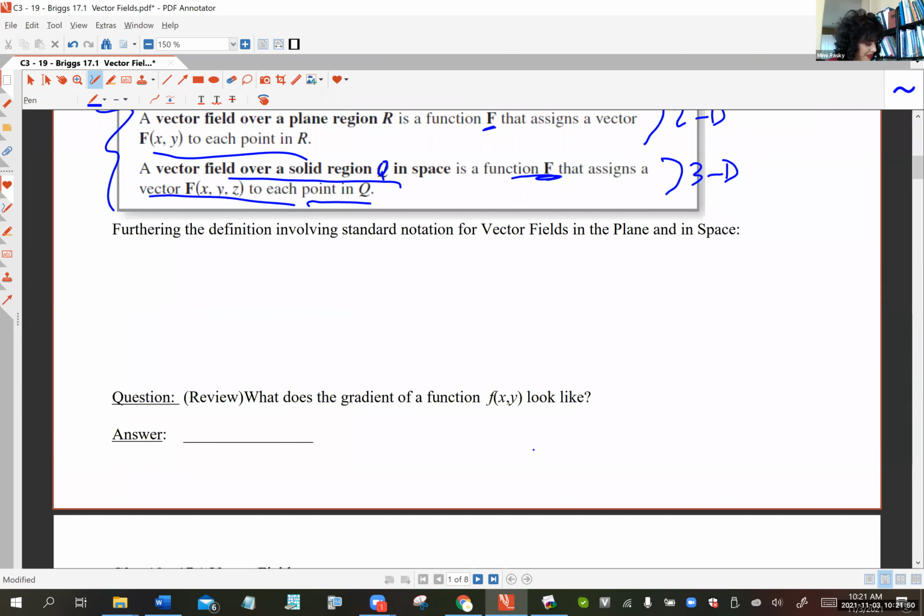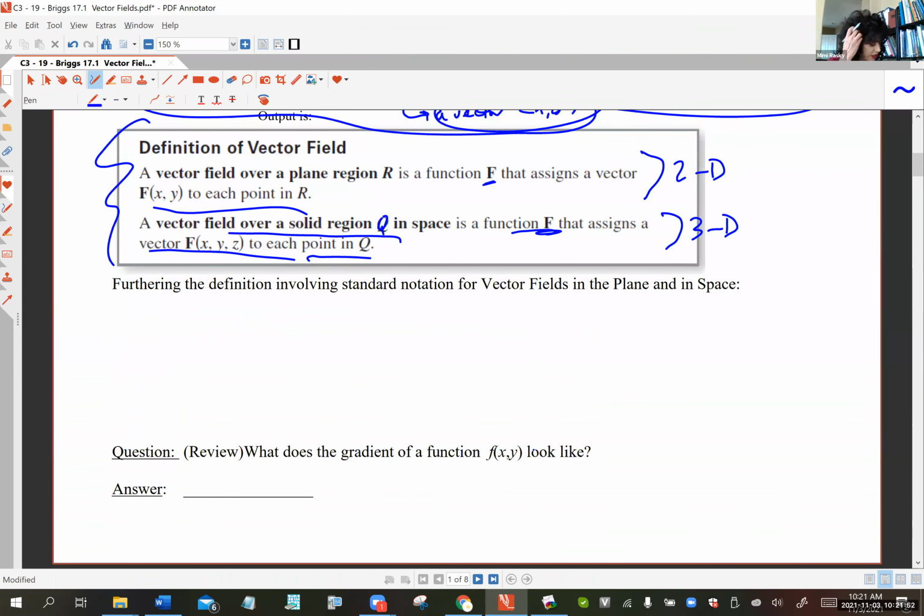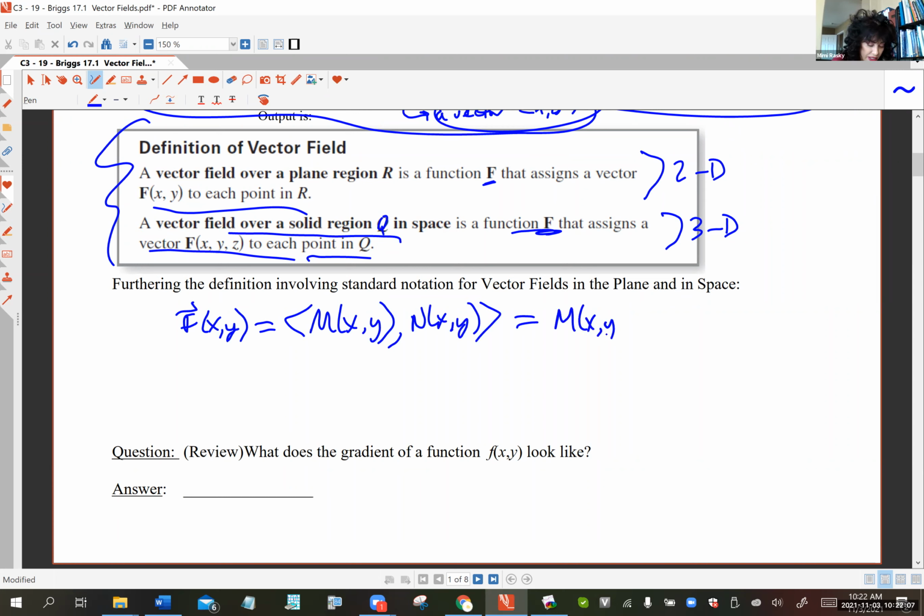So furthering the definition, I just want to say that you've got your two-dimensional F(x,y), and this is more notation. I prefer component form when I denote a vector field, but I just want you to know that it's just as legit to use the i hat and the j hat here.